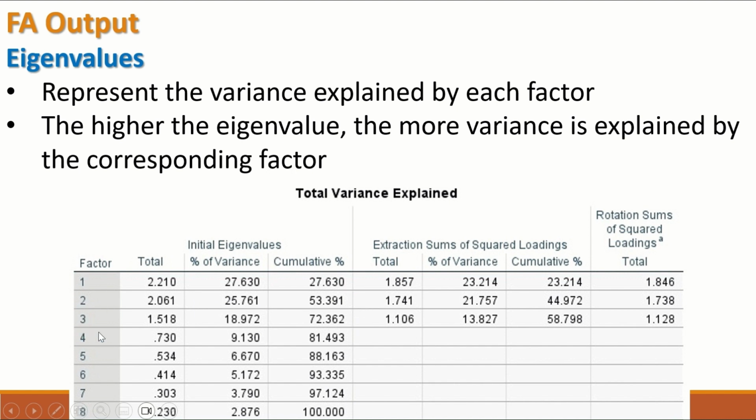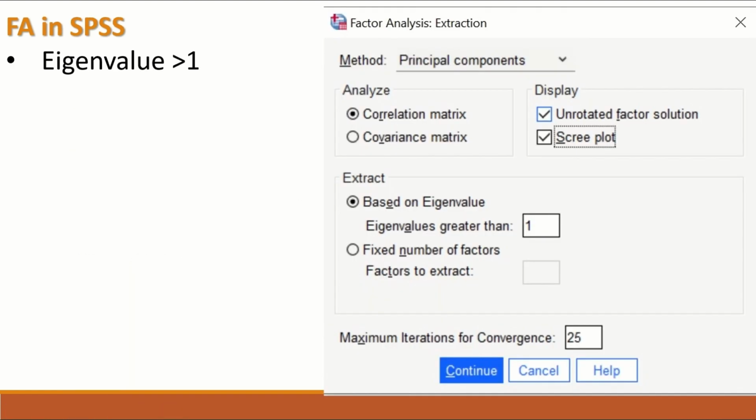These 3 factors explain 72.36% of the variance. So these 8 items can be grouped into 3 factors, and those 3 factors can explain or retain 72.3% of the variance.